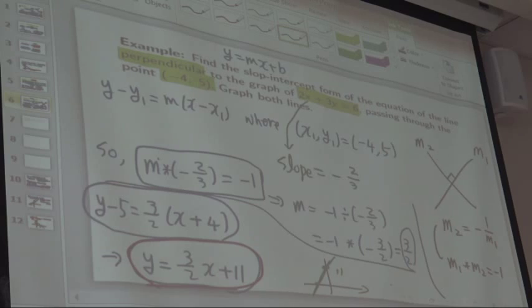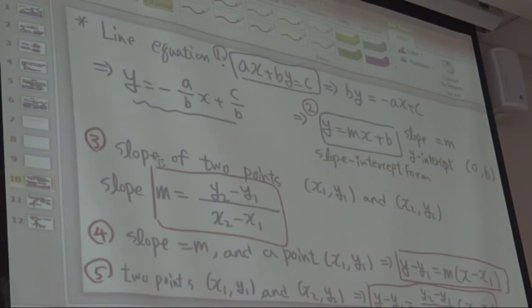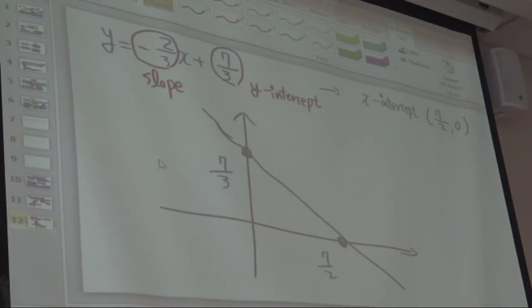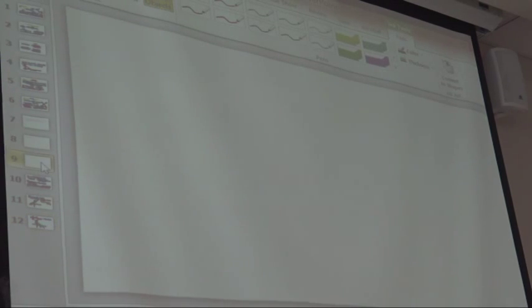Okay, let me add one more slide. So y minus 5 is equal to 3/2 times x plus 4.